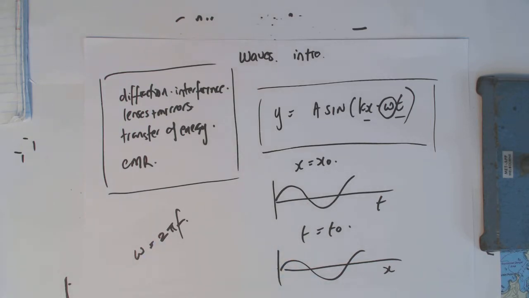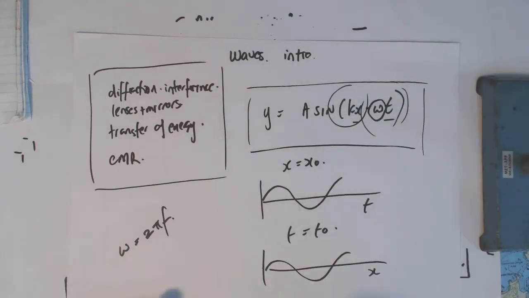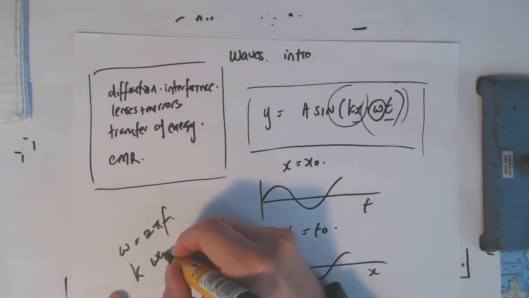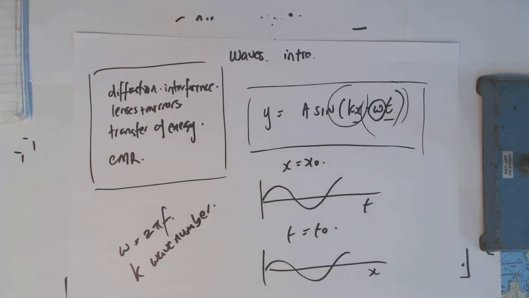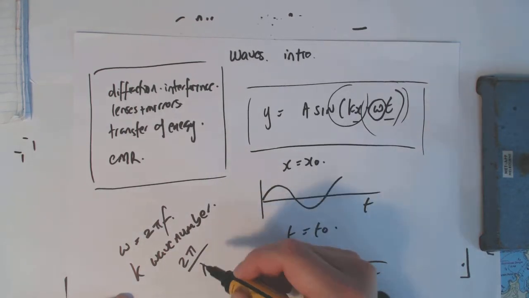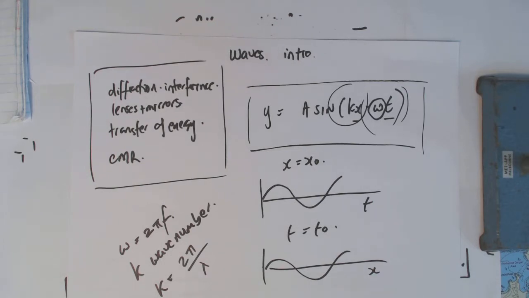So that's the frequency component here, whereas the wavelength, k, relates to wavelength. K is called wave number, and it is the number of radians per meter. So if you divide 2 pi by the actual wavelength, what you're going to get is radians per meter.